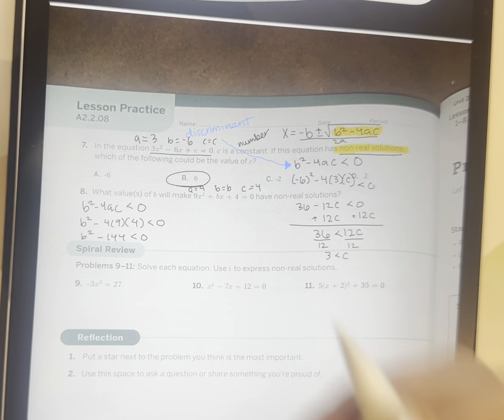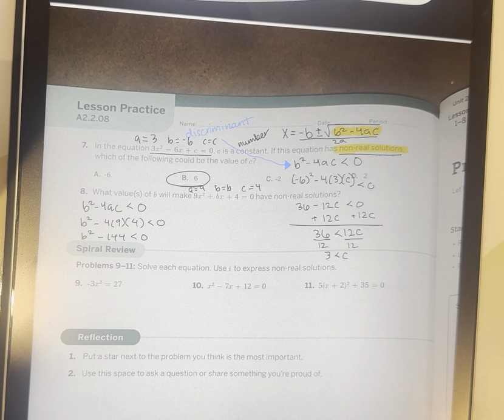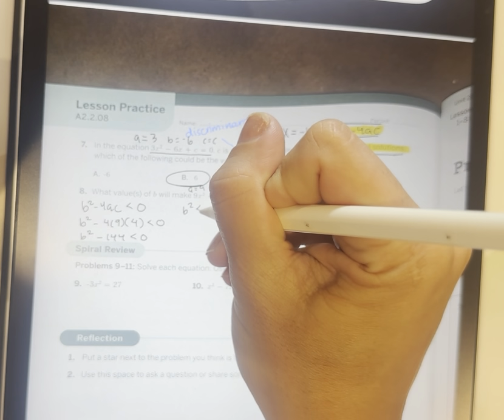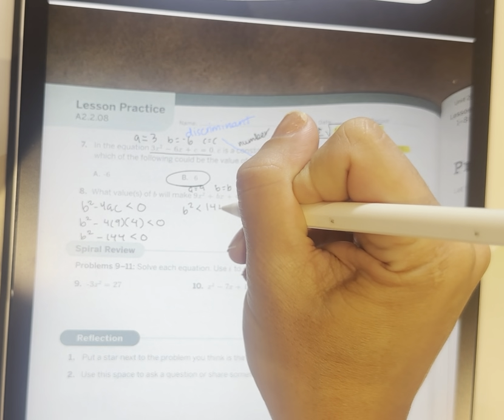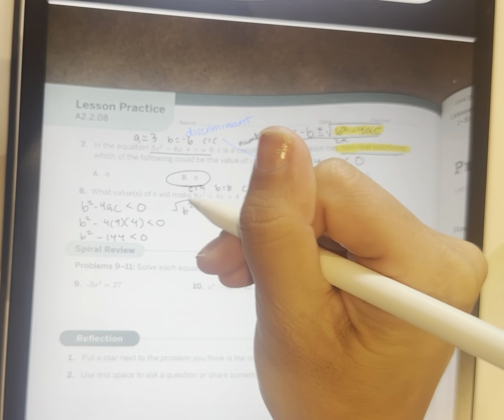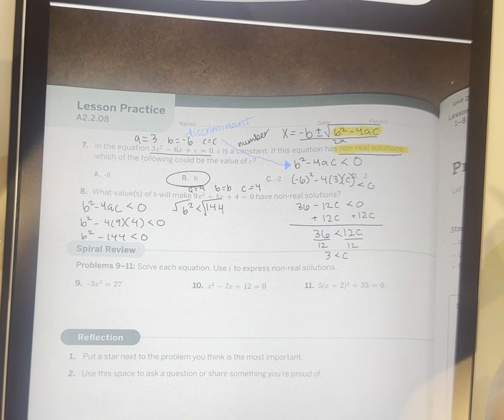Less than 0. Okay? And now we add the 144 to the other side to get that b squared is less than 144. Okay, guys, things do get a tad bit weird when we square root both sides of an inequality.